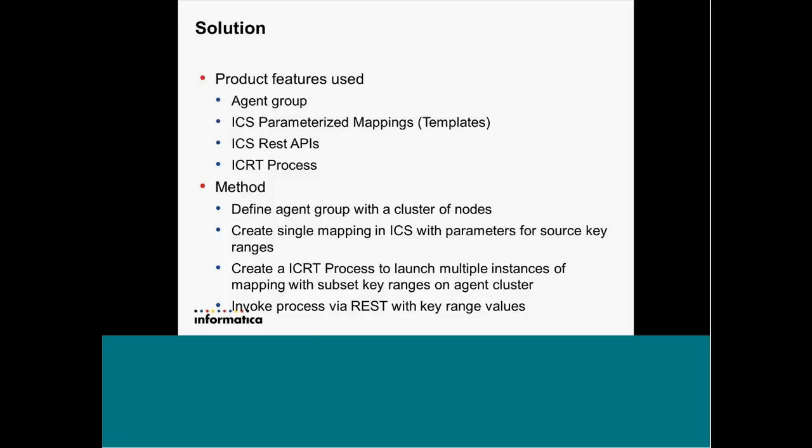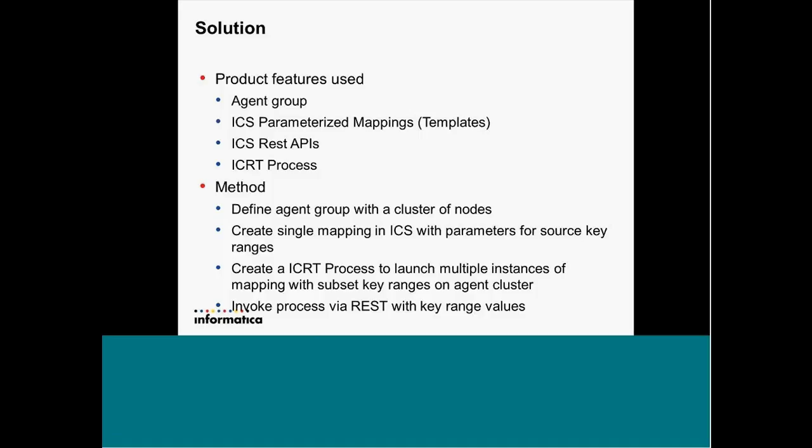Okay, we use the ICS REST APIs so that we can introduce a dynamic aspect to the integration. And finally, the ICRT process played a big role here because we used a process flow which had the logic to split the data set into the different key ranges and then distribute the execution of the individual tasks on the grid of nodes. So we'll take a look at how that works.